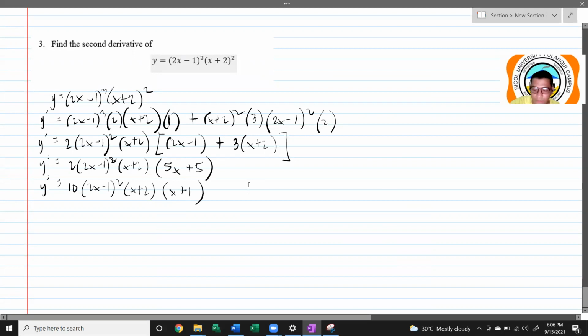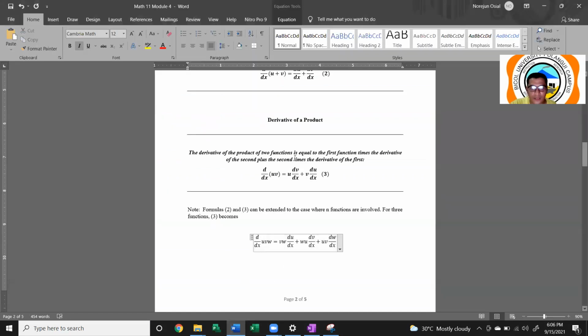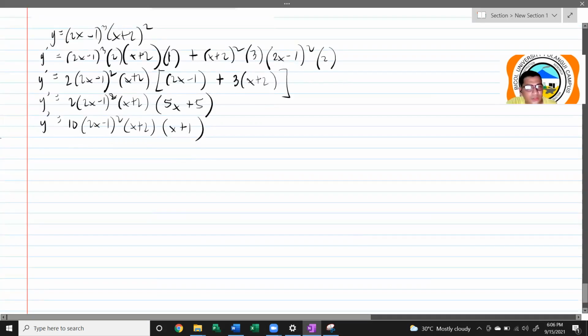Next, let's solve for the second derivative. As you can see, class, we have three functions of x, and this falls under the formula for the derivative of a product. We can use this formula to solve for its derivative. So our second derivative is equal to, since 10 is a constant, let's just put it outside. First, the derivative of the first term.